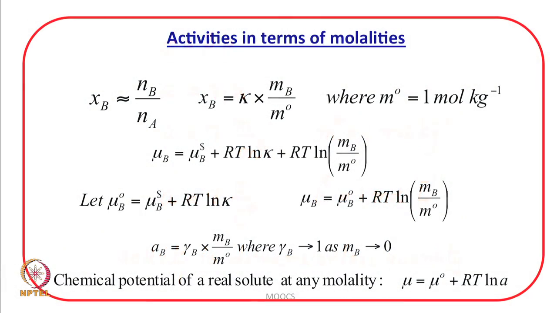So, in general, the chemical potential of a real solute can be written as mu equal to mu naught plus R T log a, where a is the activity of the solute. Now, how we convert this activity to molality or concentration is a different matter. What we have discussed today in this lecture is the very important concept of activities.